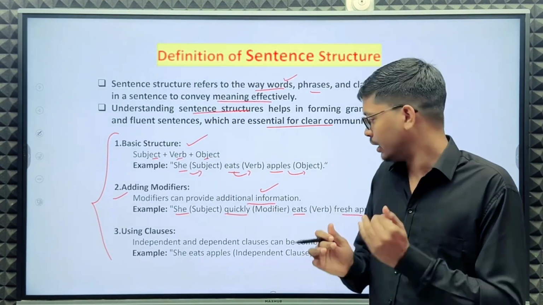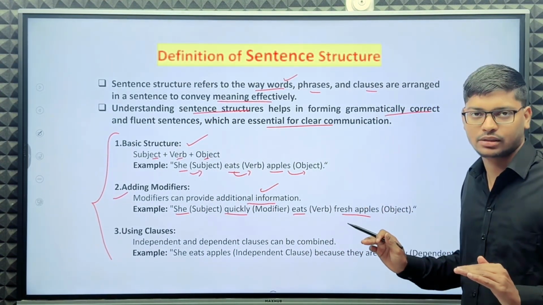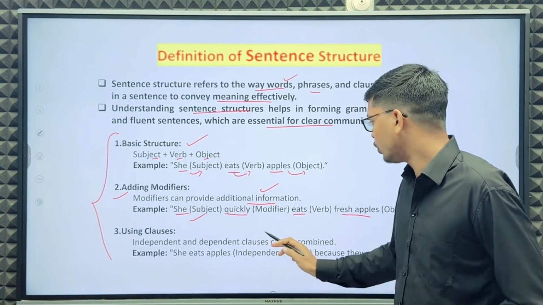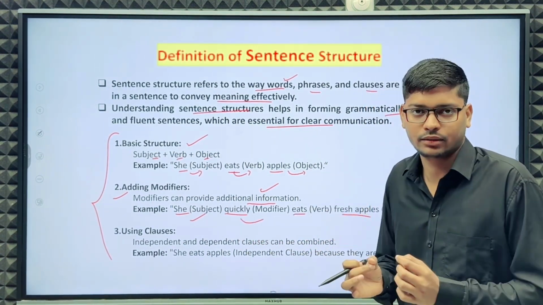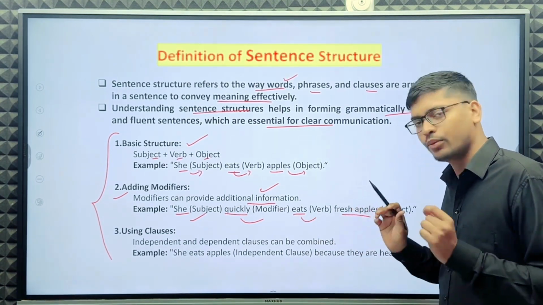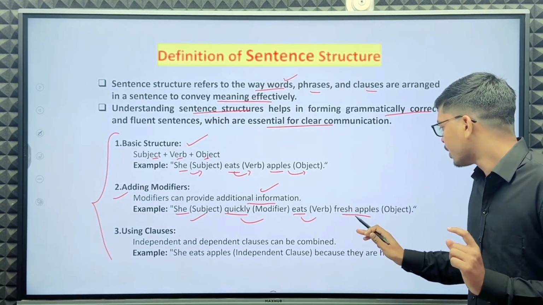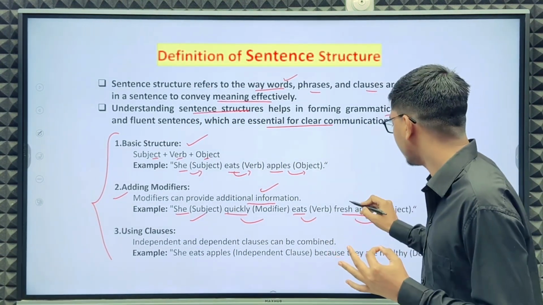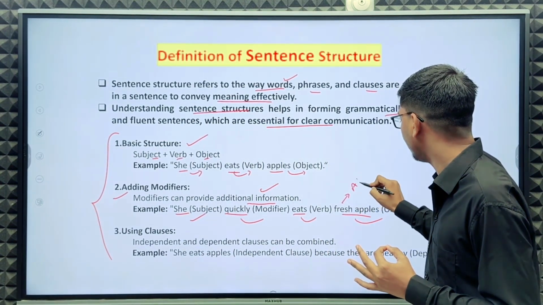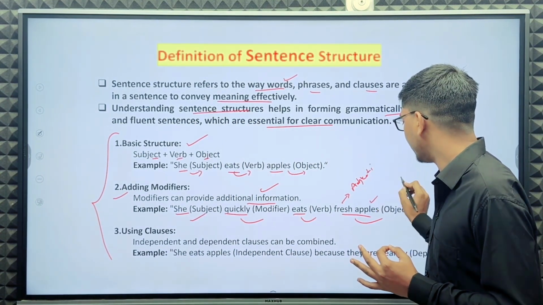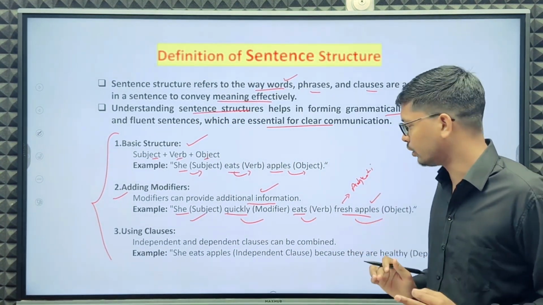She is the subject, quickly is a modifier, eats is the verb, and fresh apples is the object. Fresh is an adjective and apples is an object as a noun here.